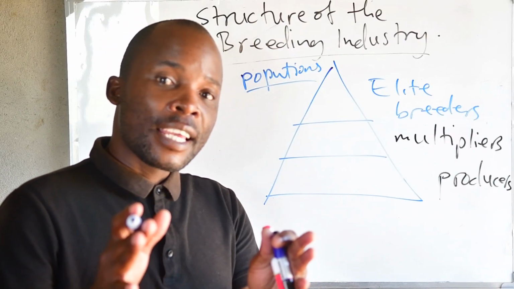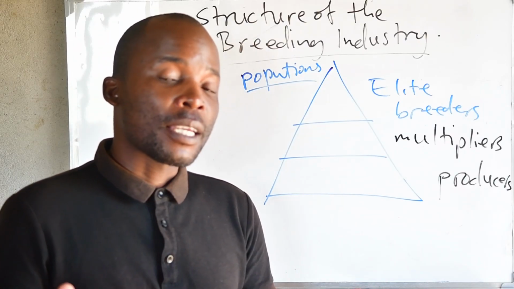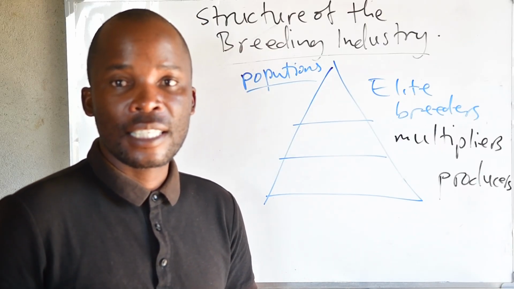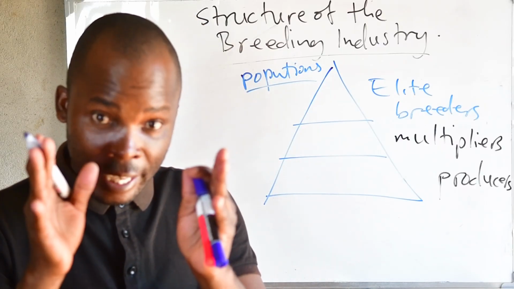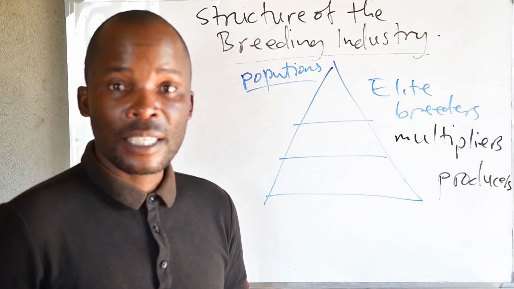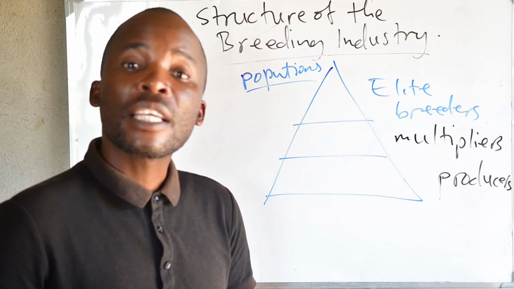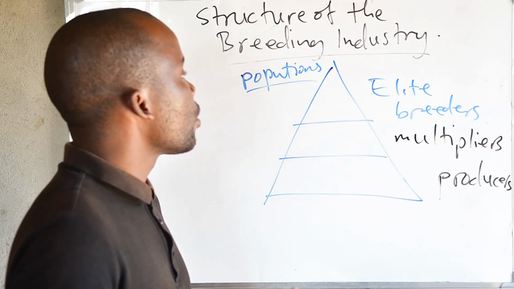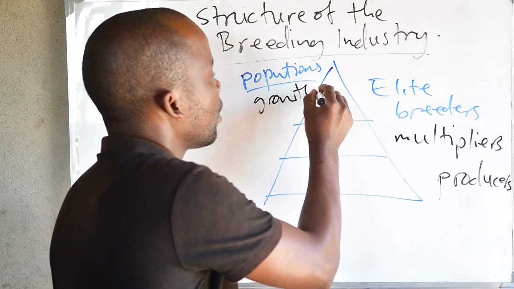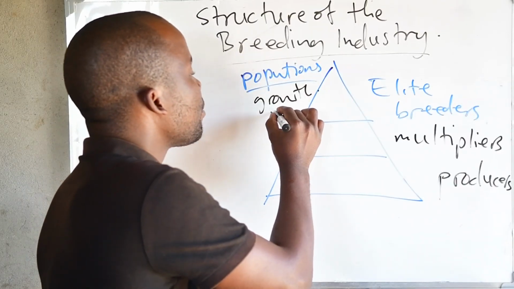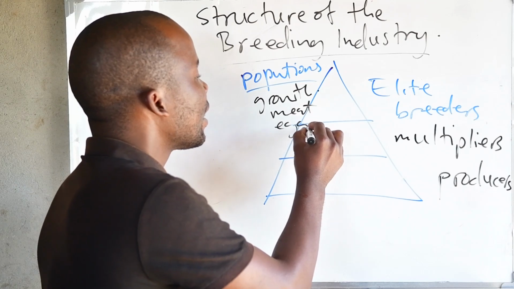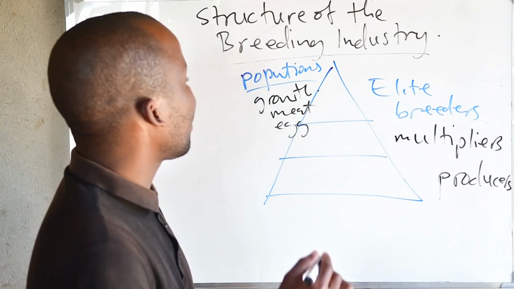So there, they do a lot of record keeping and they're focusing on certain traits or certain characteristics that they know are wanted by the producers as well as the multipliers. Let's just say maybe they are looking at growth rates. So what they do, they are selecting for growth, or they are selecting for meat quality, or they are selecting for even egg size, egg color.